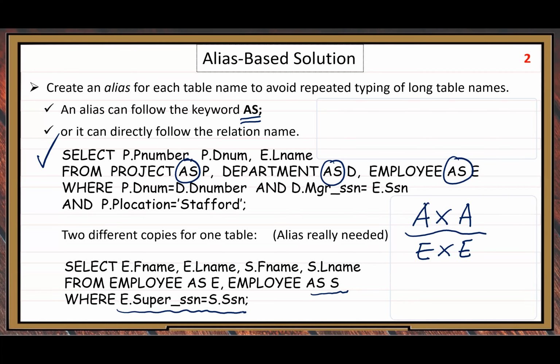B.2, set operations on queries. This time we need to combine some query results. The first query result is a set, or more precisely, a multiset. The second query result is another set, or another multiset.